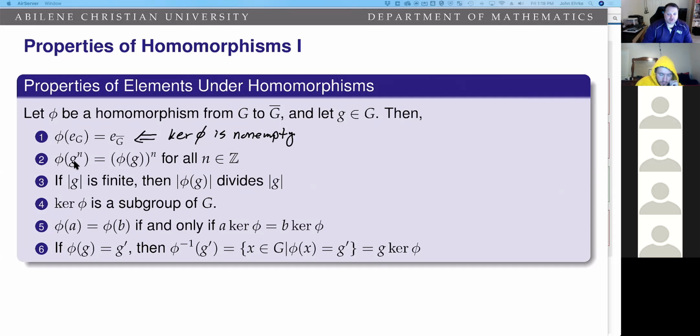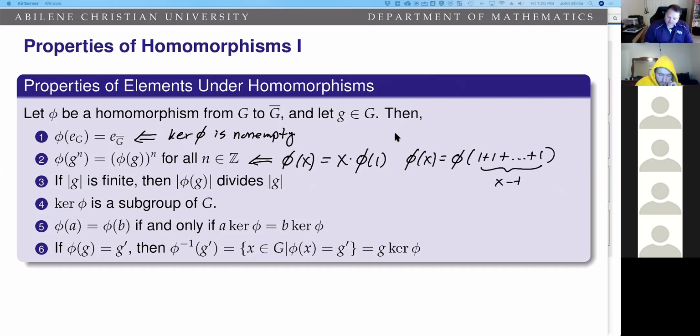The operation phi of g to the n, this is also a very important property because it basically says that phi of any value x is completely determined by what happens to the element 1. Or what happens to the identity, I should say. And the reason for that is I can think of phi of x as being phi of 1 plus 1 plus 1, x times.